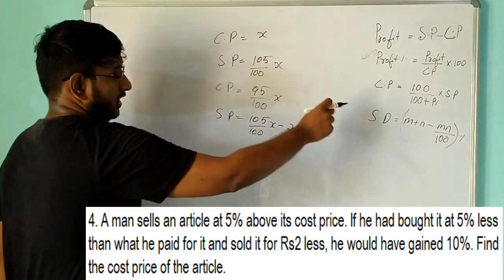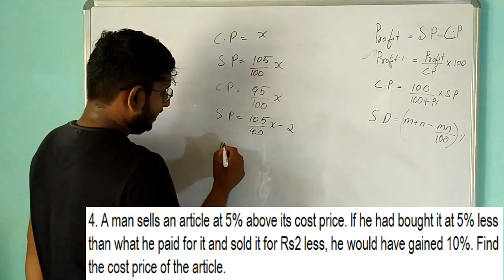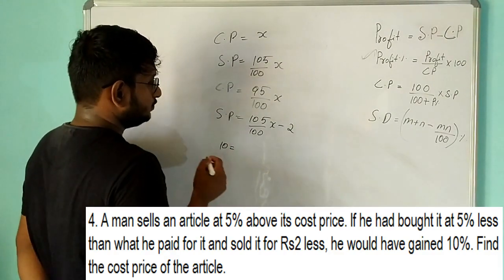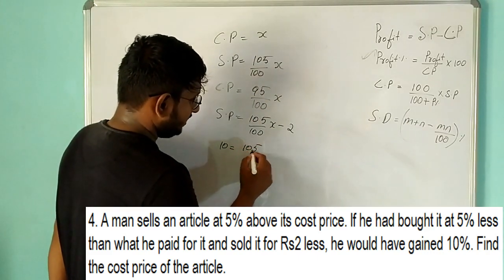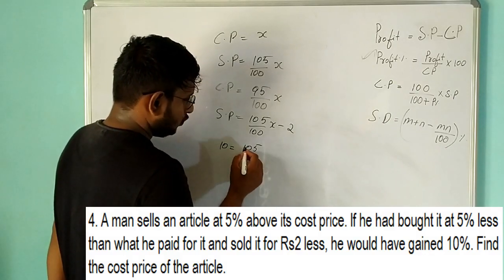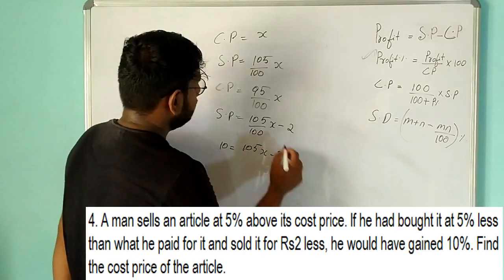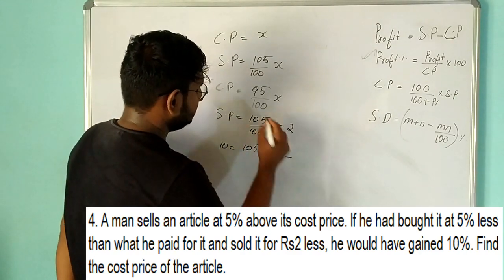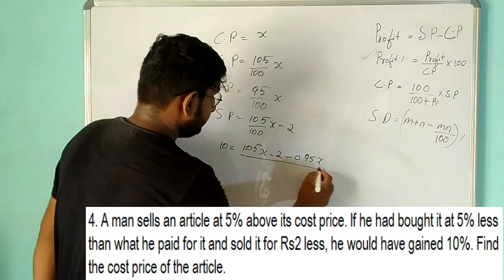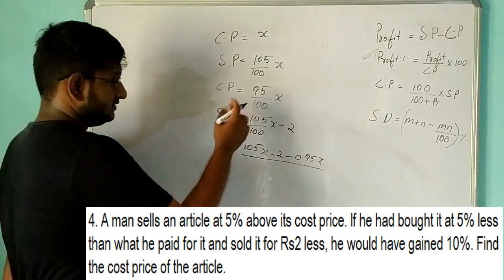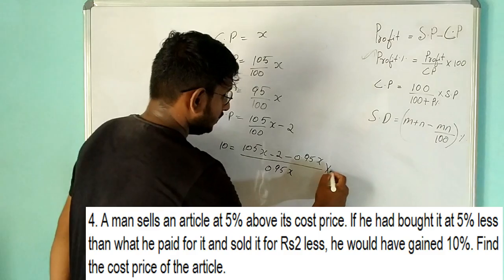So this is the profit percentage formula. 10 is equal to profit, and profit is nothing but selling price minus cost price. So I will have 1.05x minus 2 minus 0.95x, divided by the cost price 0.95x, into 100.